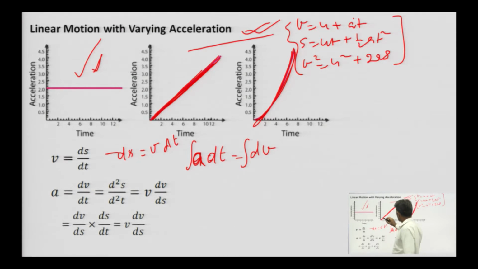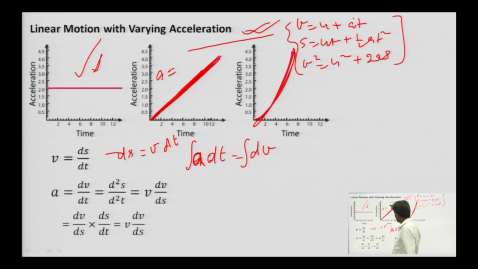Look at this graph: acceleration a is a linear variation.